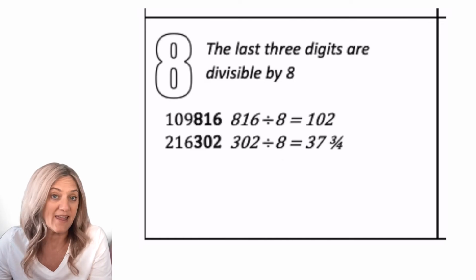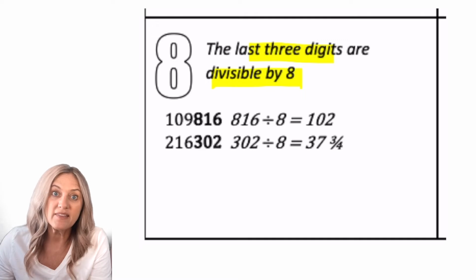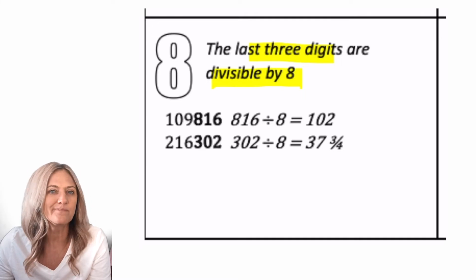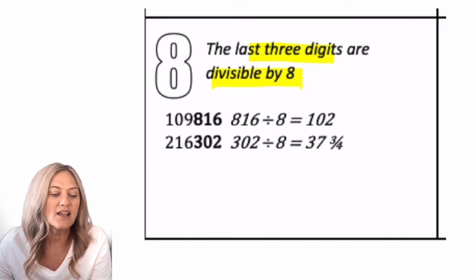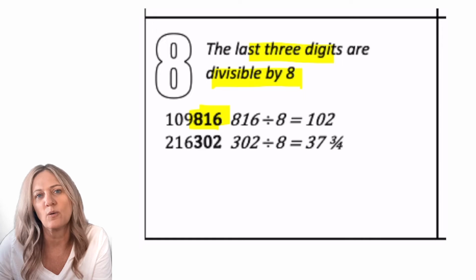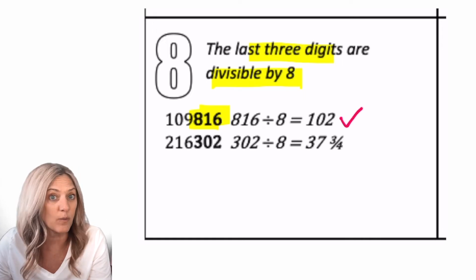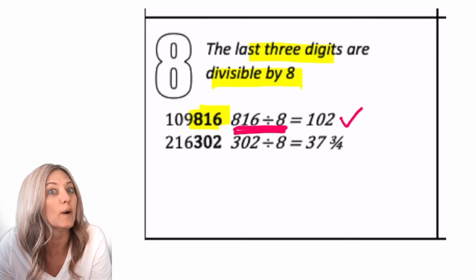Okay, divisible by 8. Well, if the last 3 digits of a number are divisible by 8, then that number is divisible by 8. This one is getting a little bit harder to use, but let's go ahead. The last 3 digits are 816. Divided by 8, 102. What happens though if we're not certain whether or not 816 is divisible by 8, or we can't do that quick?